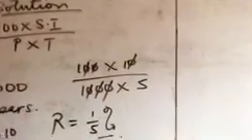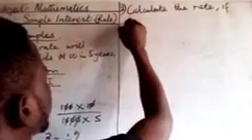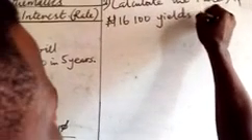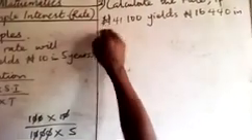Example 2. Okay, example 2 now. Calculate the rate if 41,100 naira yields 16,440 naira in 5 years.